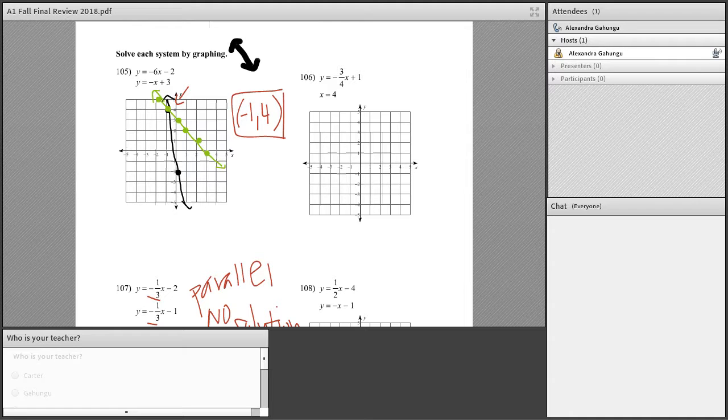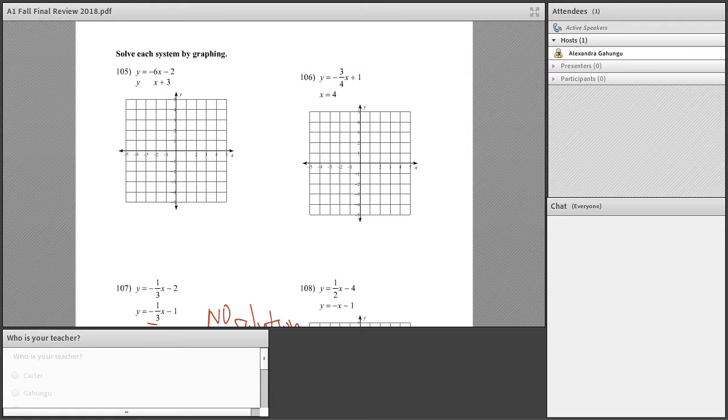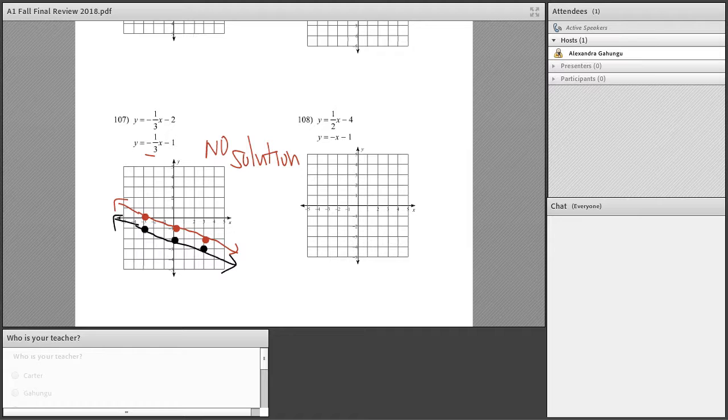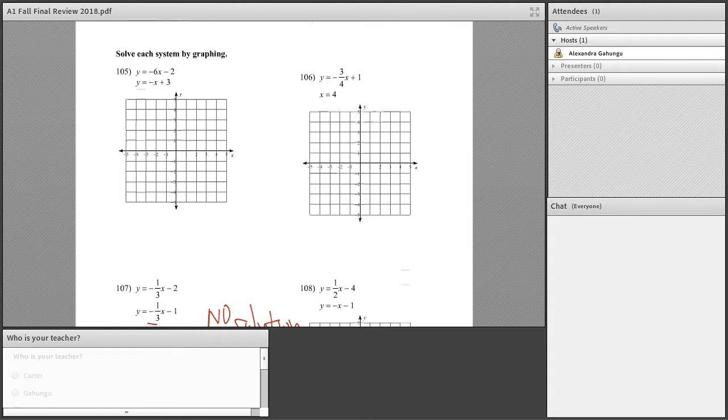Solving your system by graphing. Okay, so solving your system by graphing just means you graph. This is from last time. So you're going to solve your system by graphing.